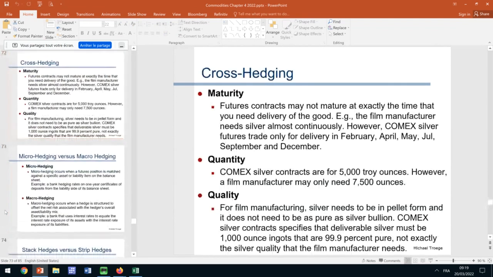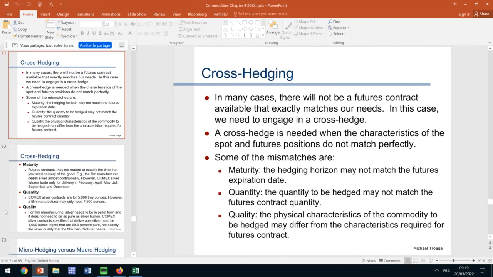Now the problem appears when you have to think about how to hedge a risk that is not exactly correlated to the risk of the futures contract. If I'm an oil producer, I produce some type of oil which is closely correlated but not perfectly correlated to the oil that is specified in the futures contract.